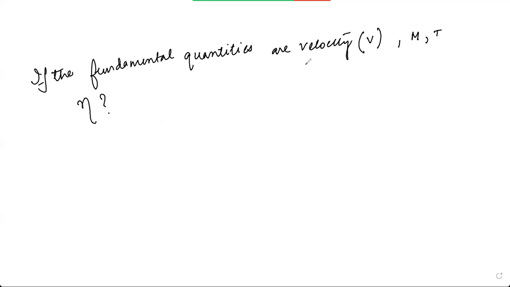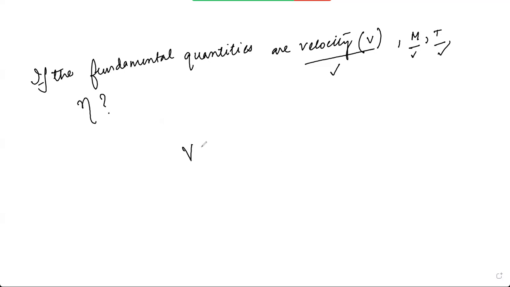Here velocity is given as a fundamental quantity, not derived. M is a fundamental quantity and T is also a fundamental quantity. So velocity here is fundamental, not derived.